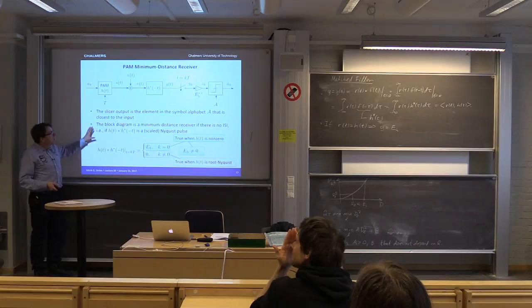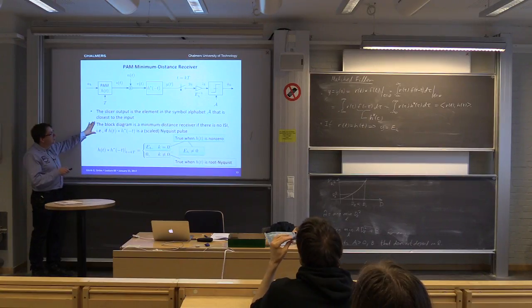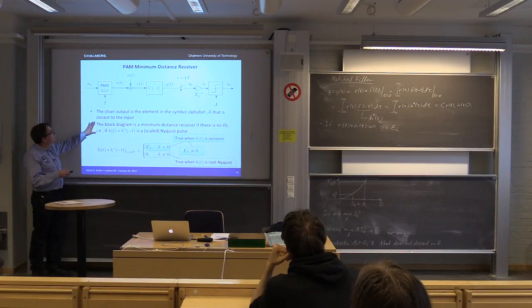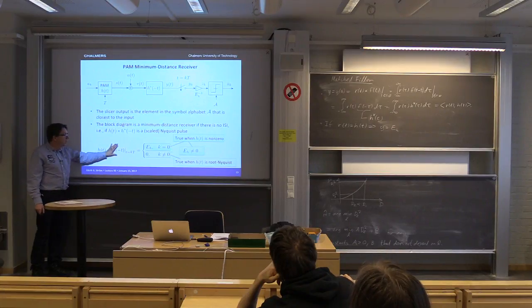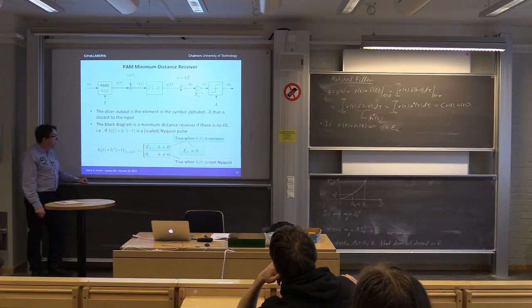Okay. And the claim is that this is a minimum distance receiver if we are using a system that does not have intersymbol interference. So when h convolved with h conjugate of negative t is a scaled Nyquist pulse. That is, this condition is fulfilled.